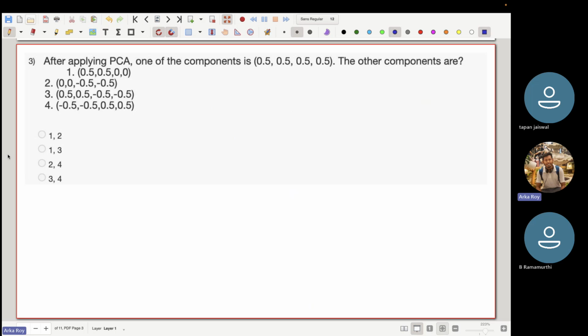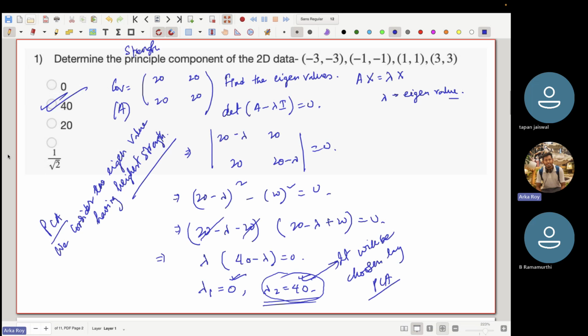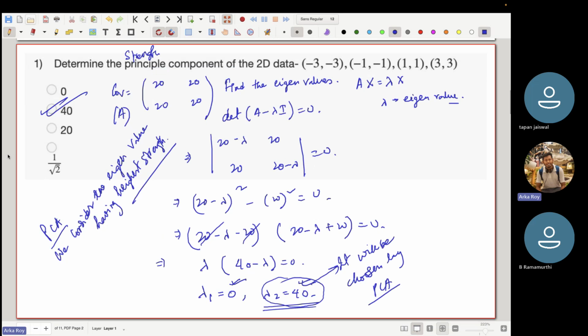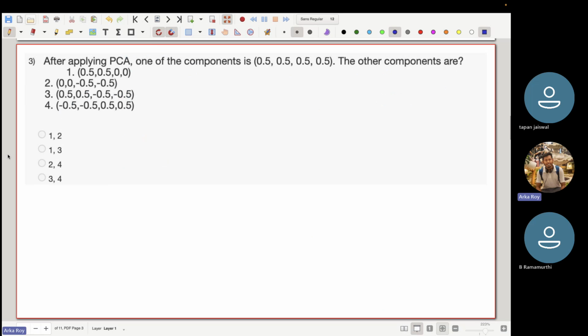And those principal components actually imply certain properties. For example, because you are extracting the eigenvalues from the covariance matrix, and the covariance matrix is a symmetric matrix, there is a property that, let me just write it over here.